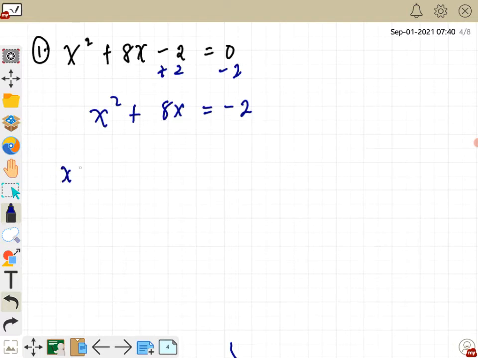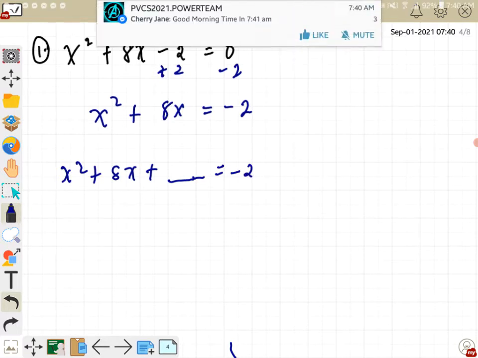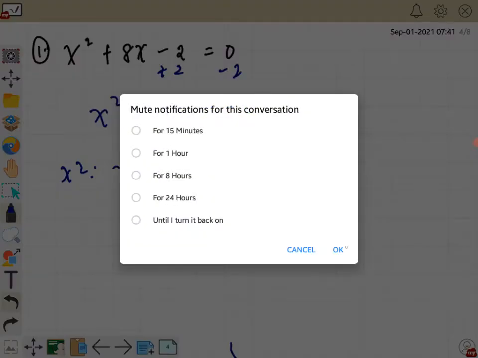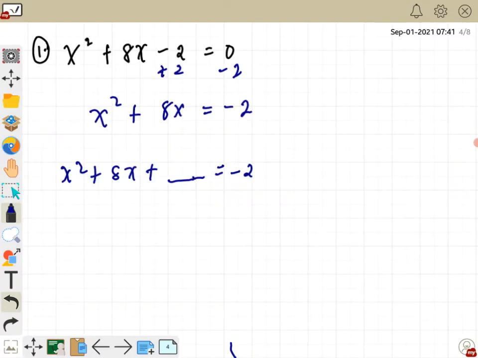Yes, we simply add something on that left hand side of the equation. Since we are adding something on that left hand side, we need to add the same quantity on that right hand side.